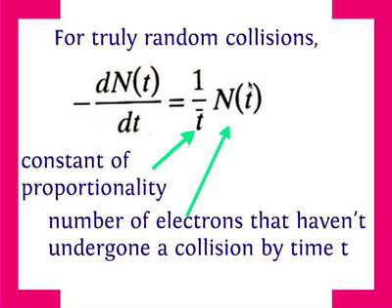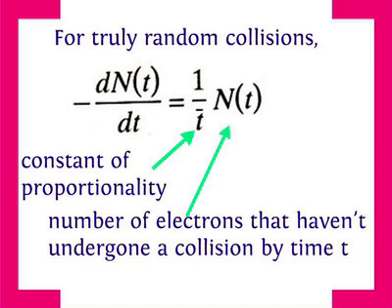Sorry, let me restate that because I said that wrong. The probability that the first collision occurs is of course proportional to the number of electrons available to undergo the first collision. Okay?